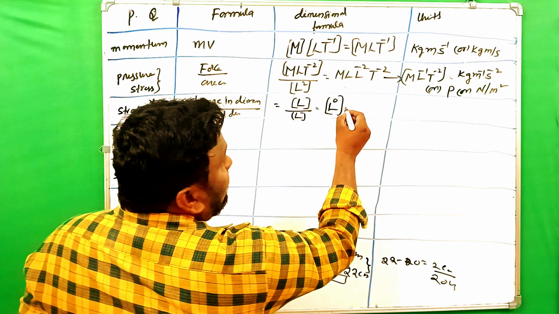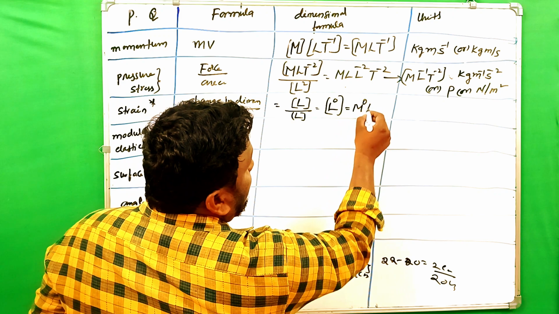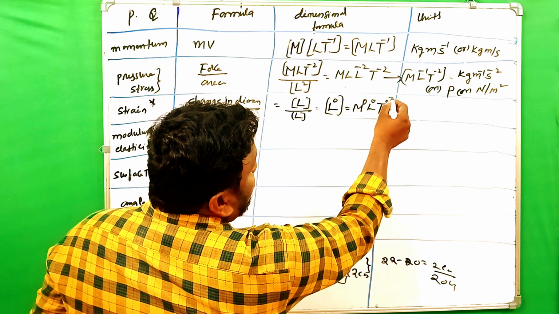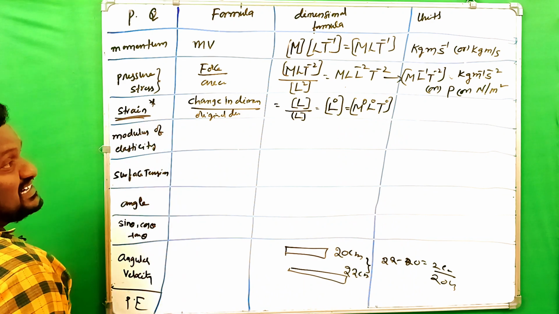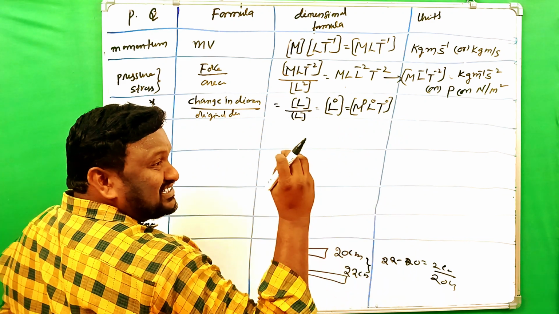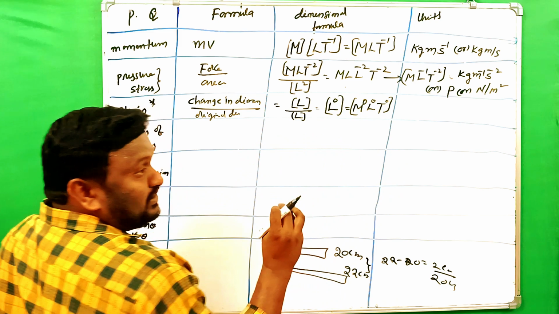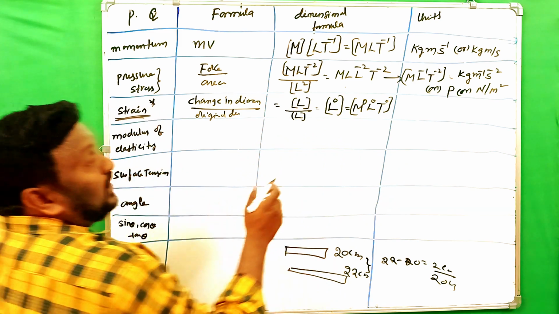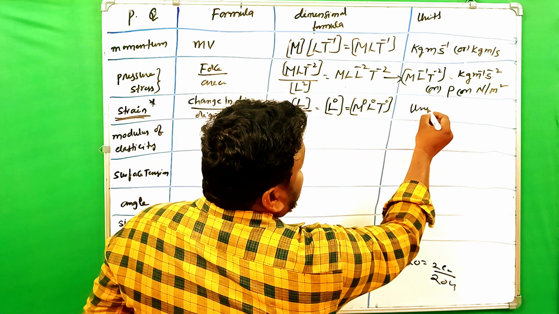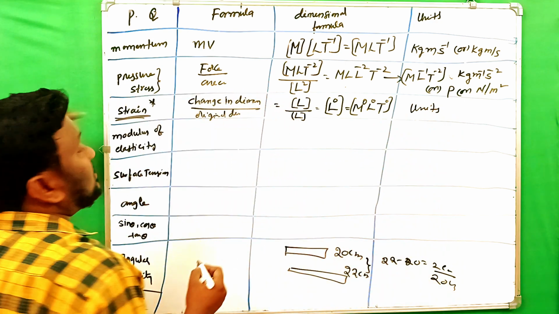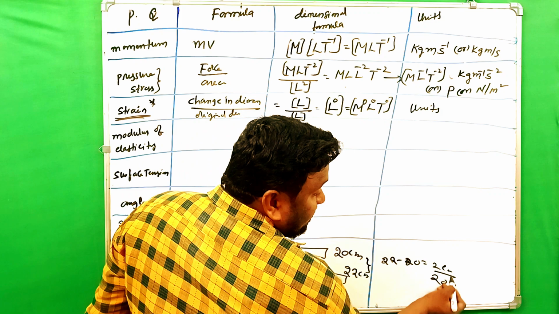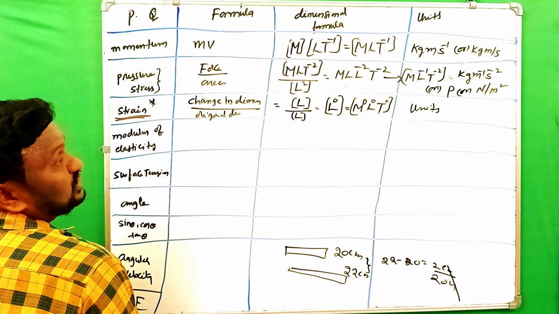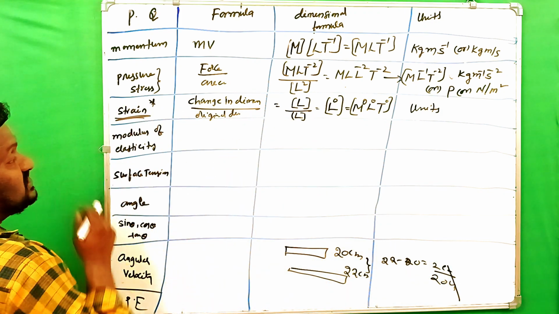That's why here we can write M to power of 0, L to power of 0 and T to power of 0. So you have to remember strain is a dimensionless quantity, and there are no units for strain. Because see, 22 centimeters by 20 centimeters, centimeter cancels, right? So like that there are no units for strain.